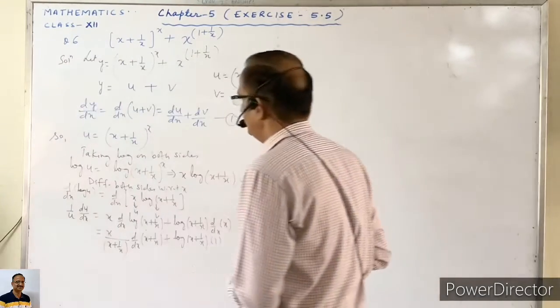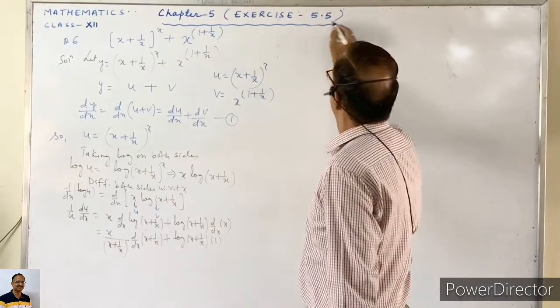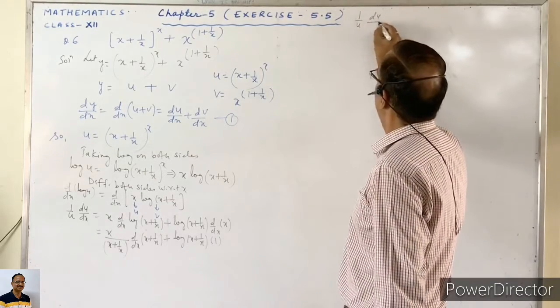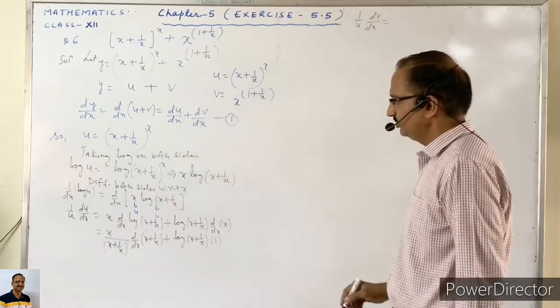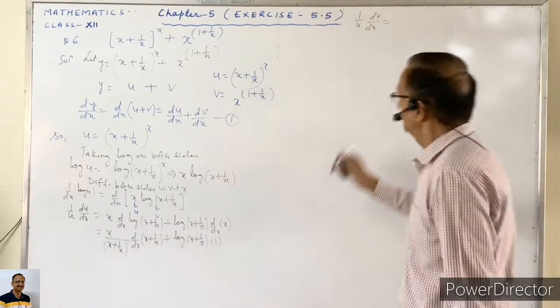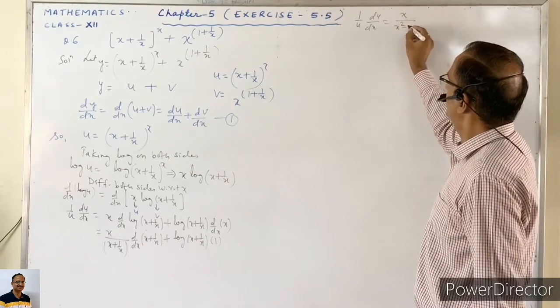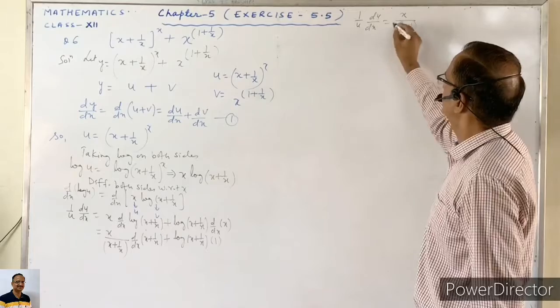Now the next step is (1/u) du/dx equals, this is x, in the denominator we have x + 1/x.